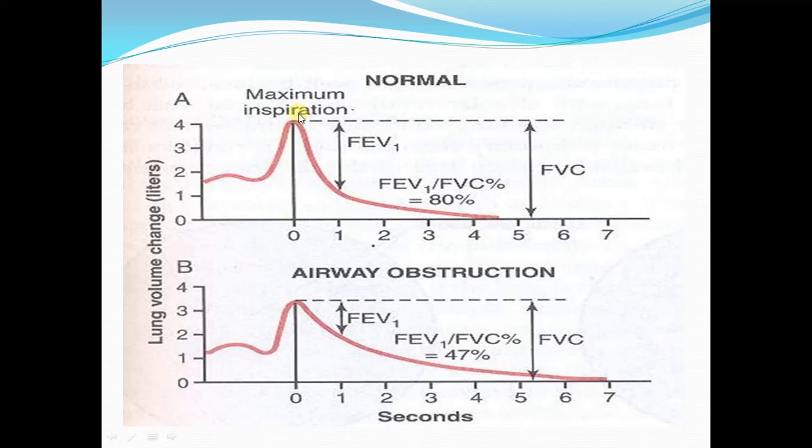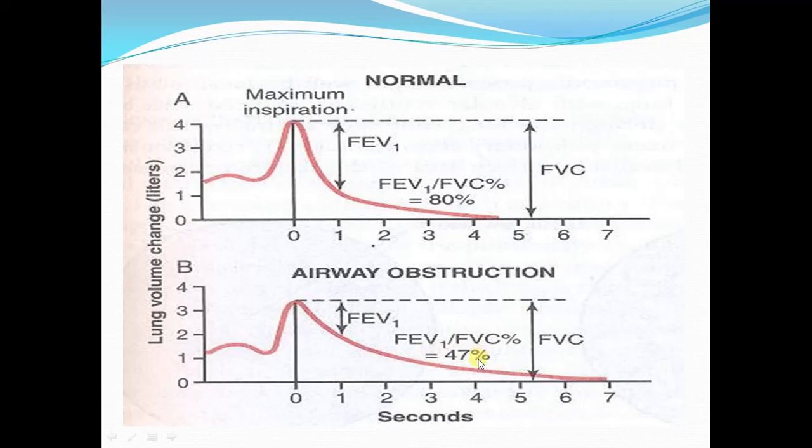Here you can see it is 4 liters, while in a patient of obstructive lung disease, FVC is reduced to about 3.5. So although FVC is decreased, the decrease is not very marked, but there is a marked decrease you can see in the FEV1. This is the reason for the decrease in FEV1 to FVC ratio.